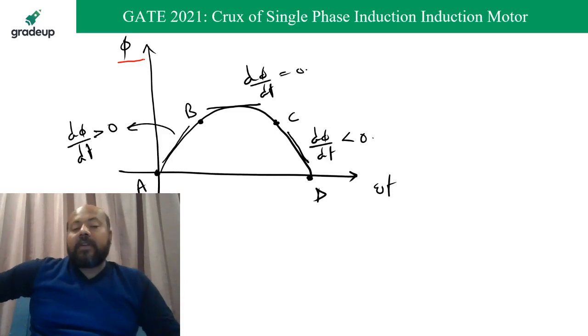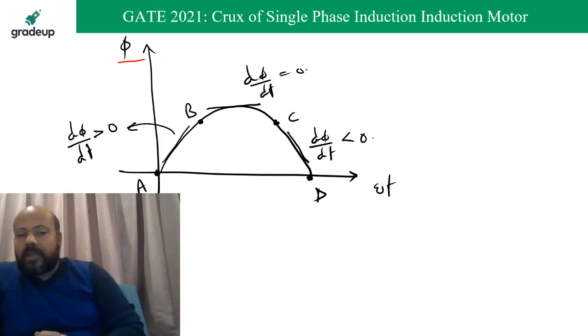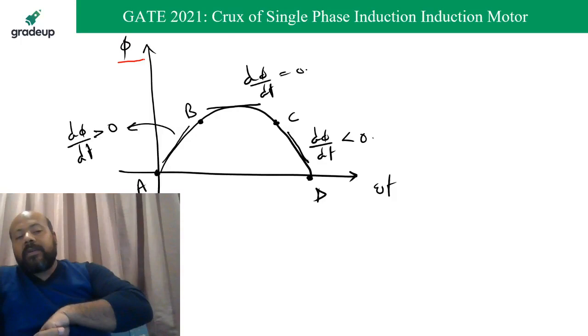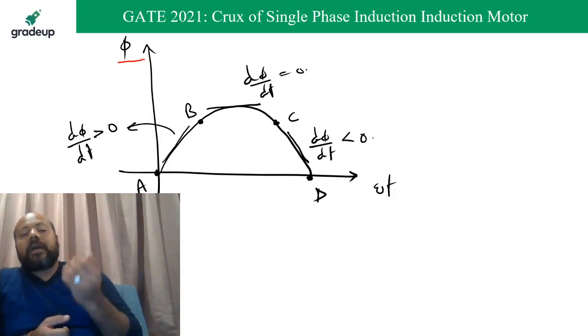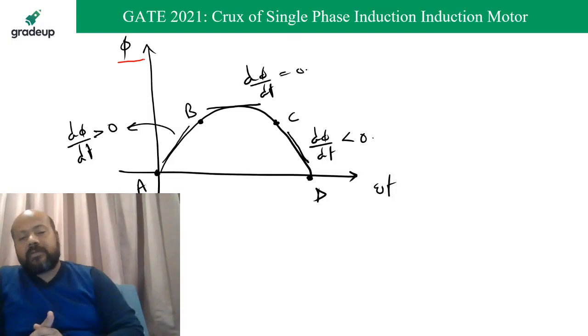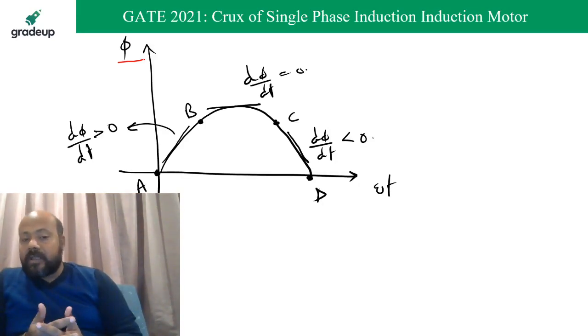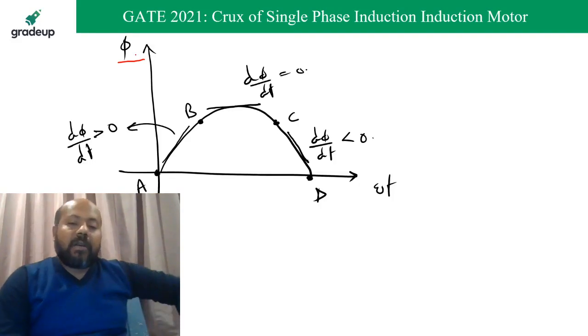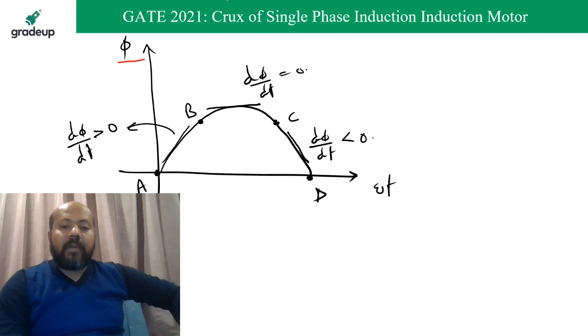Now the EMF induced is going to be such that during the AB section, it will try to oppose the flux because flux is having a positive rate of change. During the BC section, there is no opposition because there is no significant change in the flux. Flux is almost constant.